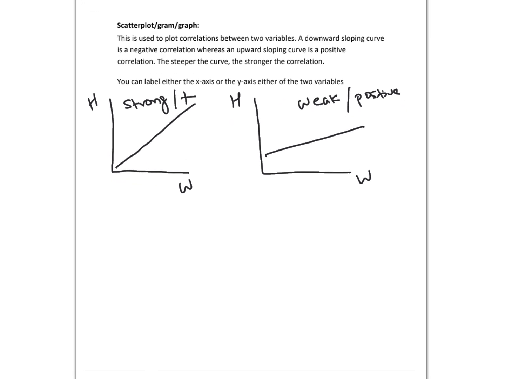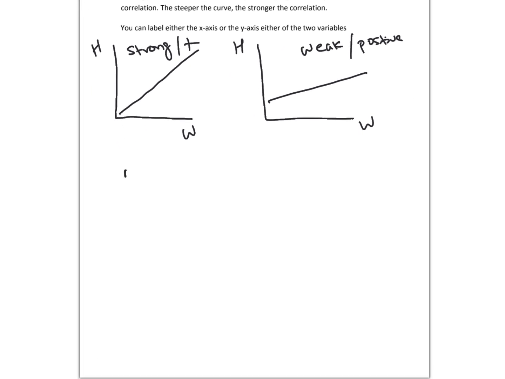Now let's look at examples of negative correlations. So I'll take the same example I took in my research method presentation. I don't remember what it was. Was it time spent on social media and happiness? I think that was it. So let's write over here, time spent on social media, and on the x-axis we'll plot happiness.